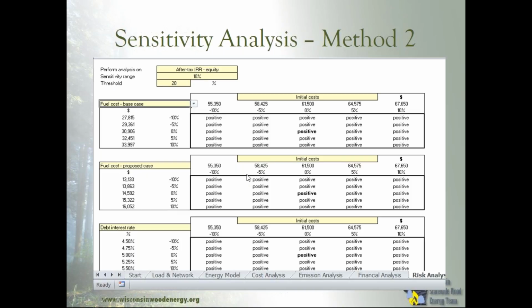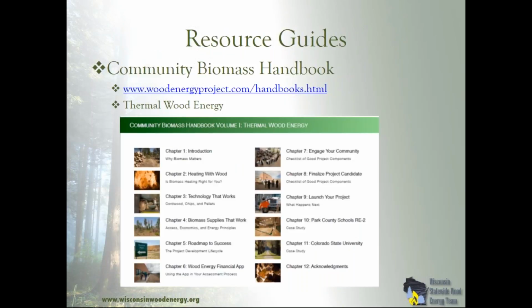So it just shows you, based on your percentage of change of the initial cost. So here I did a 0, +5, +10, -5, -10. And then you could do the same thing with your interest rate cost to see if it's positive or negative. So those are some of the tools that are out there to help with analysis.